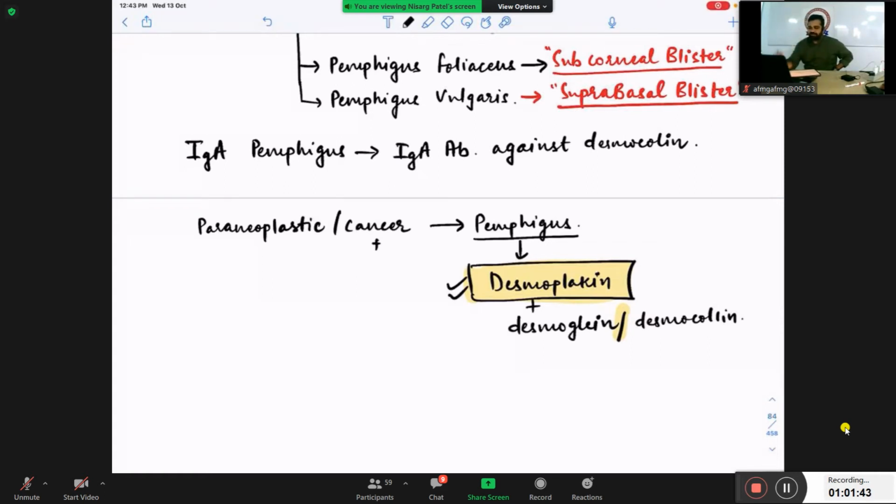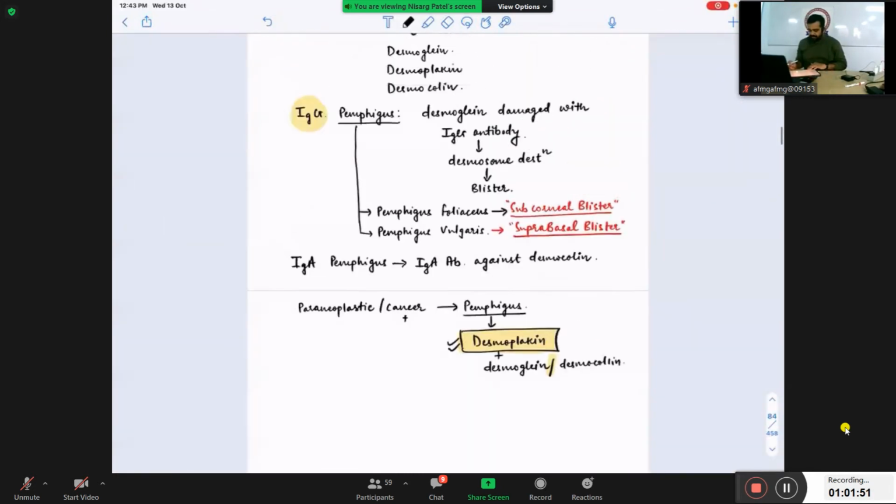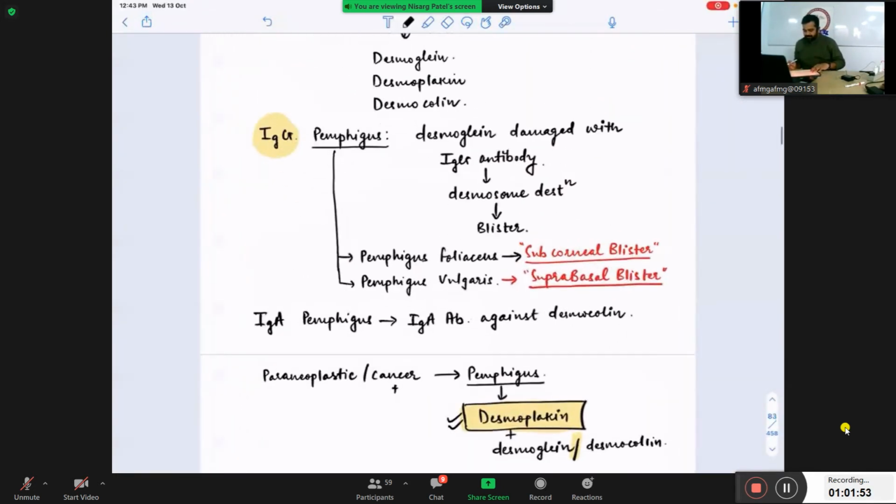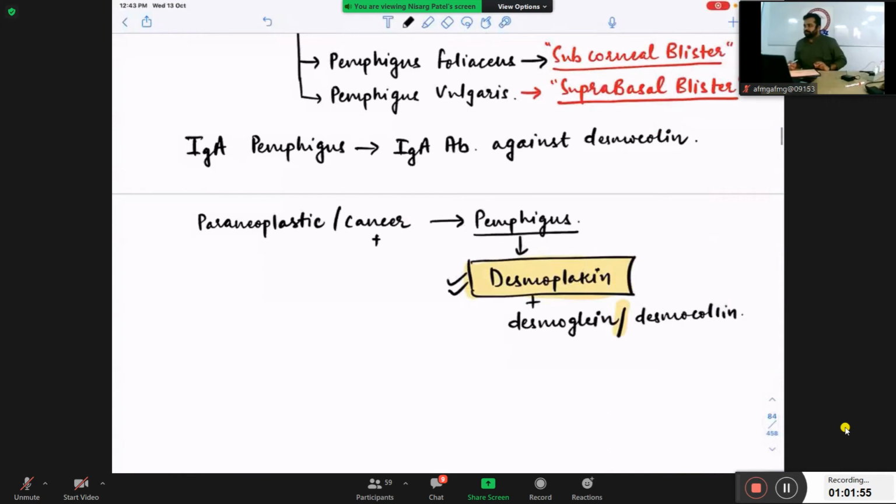Desmoplakin is mainly involved. For the paraneoplastic, remember desmoplakin.